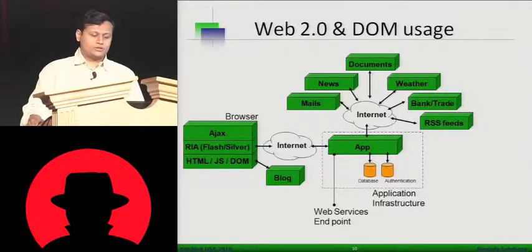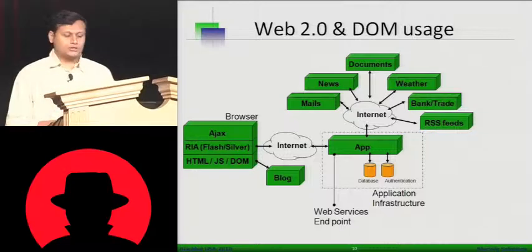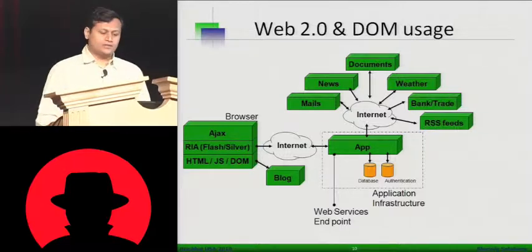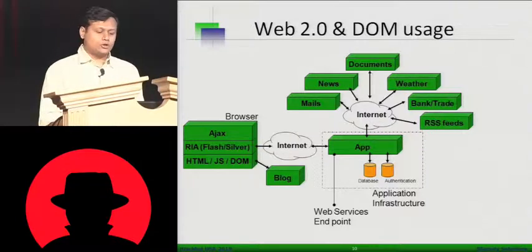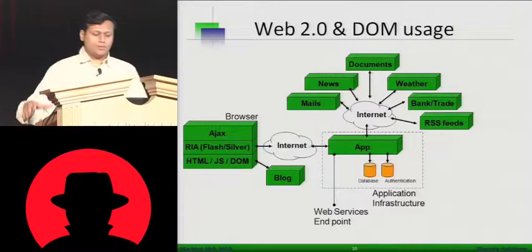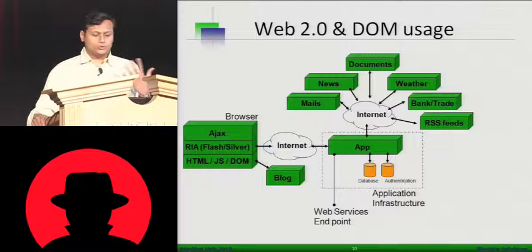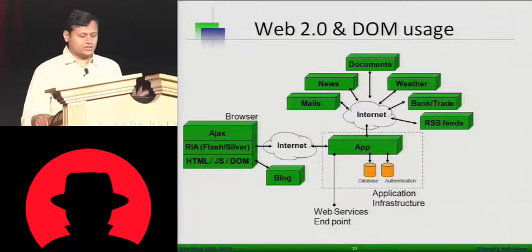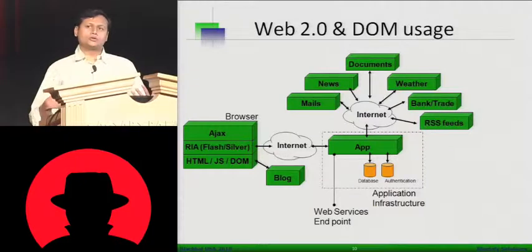It will make a request to the application, and assuming this is a typical Web 2.0 application which is using the DOM extensively, it is going to throw one first-page DOM to the client, and then various different calls are going to come back and forth. From that you can access mails, news, documents, weather, banks, trades, RSS feeds, etc. So everything is now accessed through the APIs.